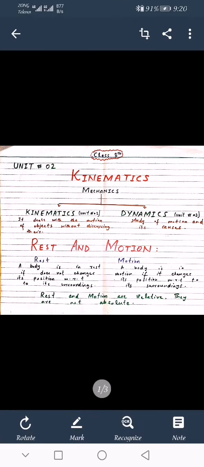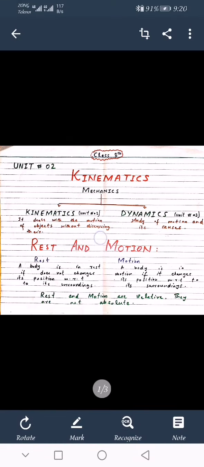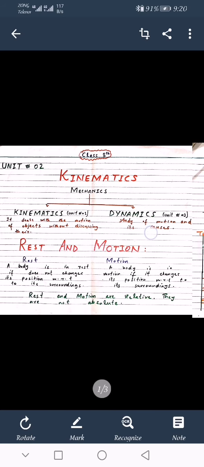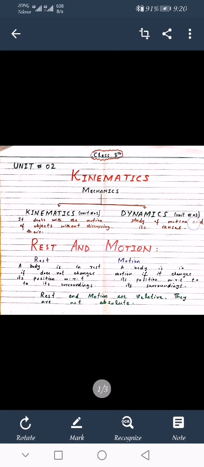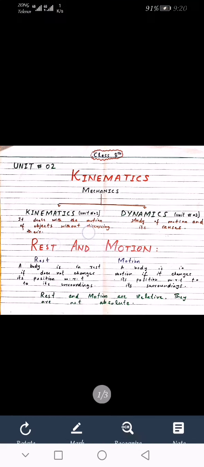So mechanics has two different branches. These are kinematics, which is our unit number 2, and the other branch is dynamics, which is our unit number 3. Kinematics deals with the motion of objects without discussing their causes. In kinematics, we discuss only the motion of objects.